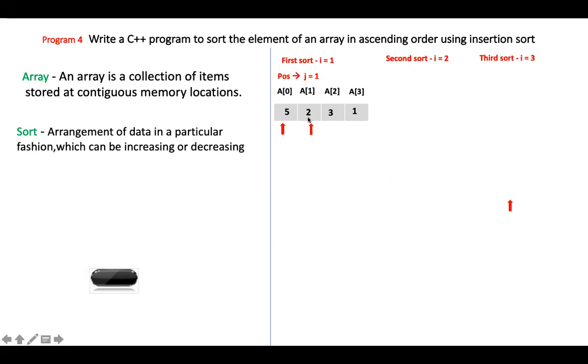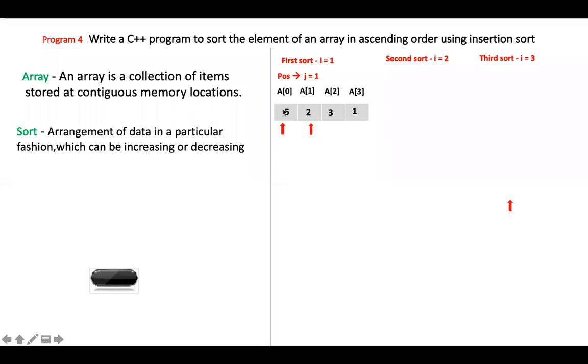See now, comparing the first two elements. First element is 5, second element is 2. So which is smaller in that? Since we have to arrange from smaller to bigger, 2 is smaller. So what we will do is shift this 2 to 5's place and 5 will be shifted here.